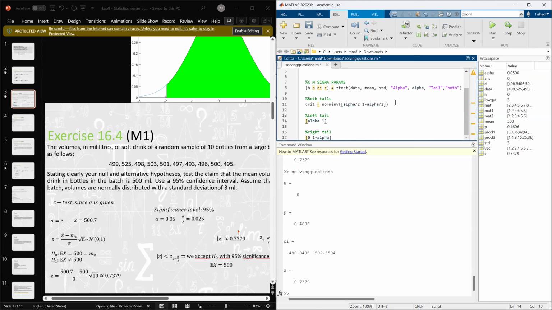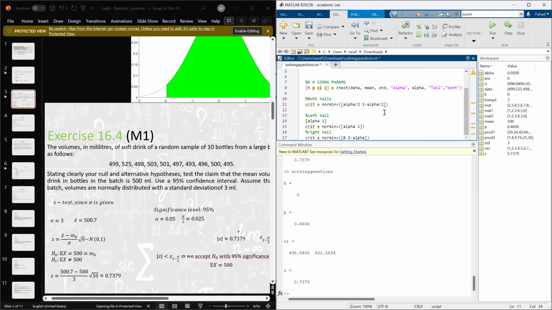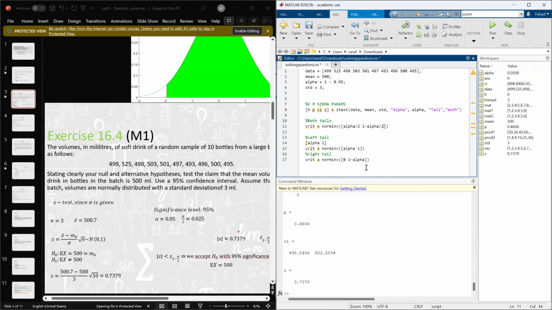So for the left tail, the critical values will be alpha and just 1 here. And for the right tail, the critical values will be 0 here and 1 minus alpha. The only reason you're dividing by 2 for both tails is because there are two tails. So this is something you'll have to remember.